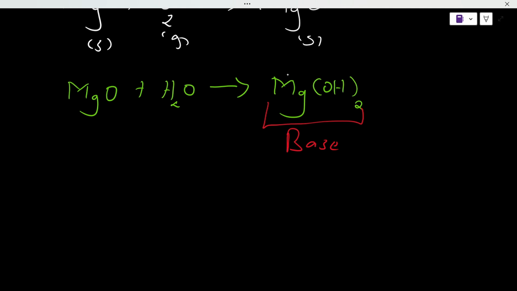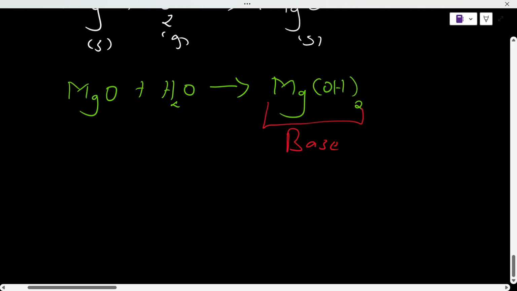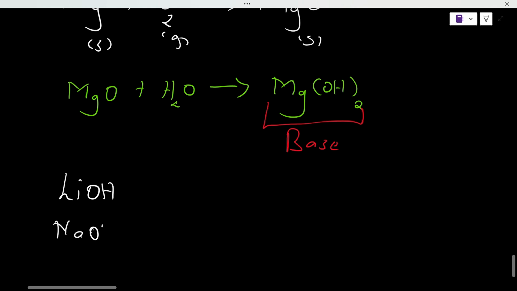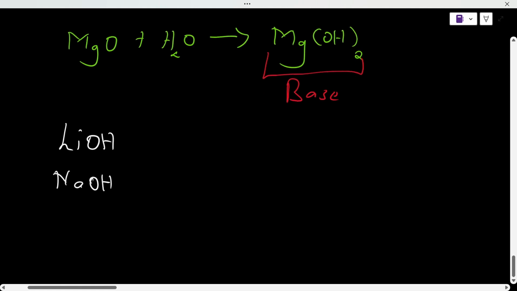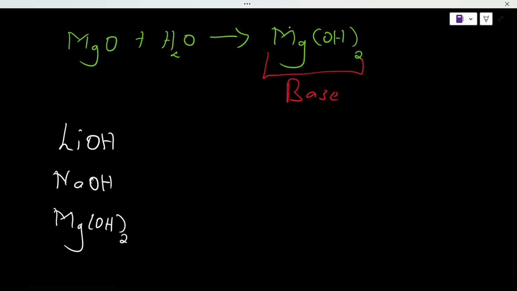If I pick only the bases, I'm going to have LiOH, NaOH, and Mg(OH)2. Now I want to justify the Arrhenius and Bronsted-Lowry concepts.